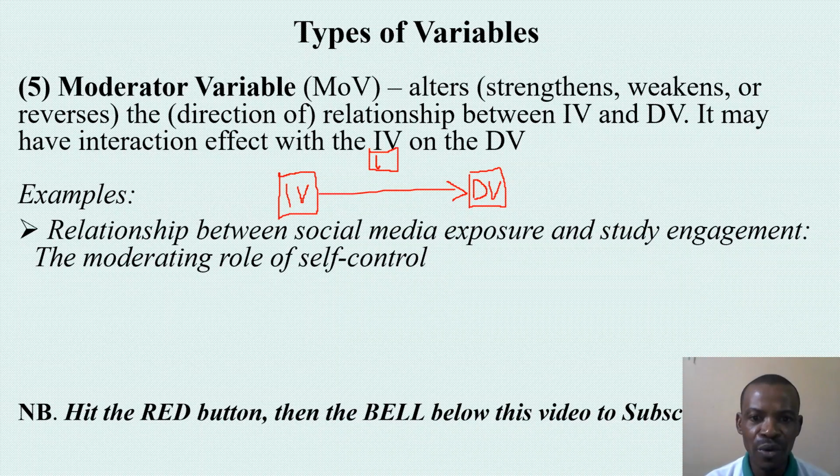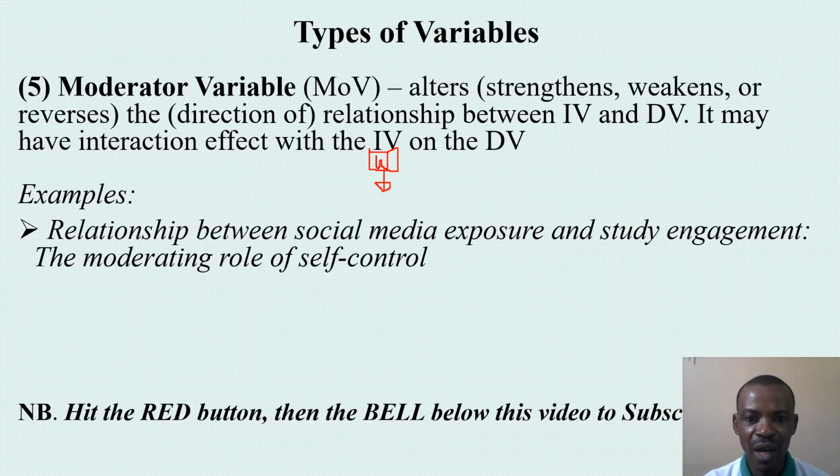Let's use W here to represent a moderator. So we use an arrow to show that there is a moderator variable acting on the relationship between the IV and the DV. This implies moderation. This is how you can conceptually model moderation, and how a relationship between dependent, independent and moderator variables can be conceptualized in research and statistics.